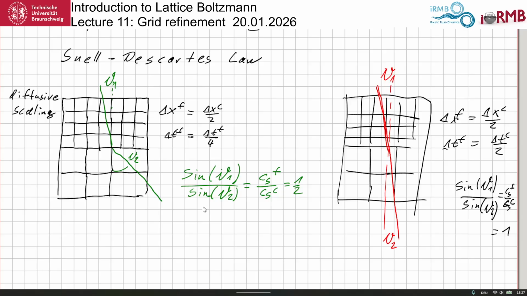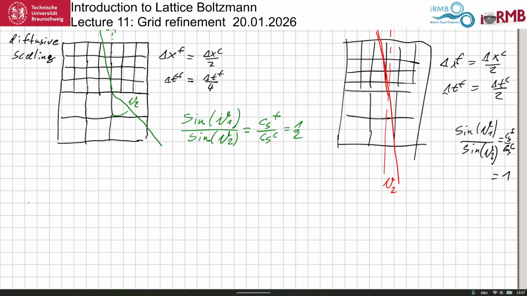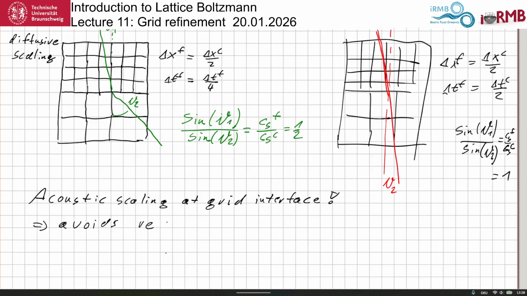Okay, so this is why in grid refinement we always go for acoustic scaling. So this avoids reflections.